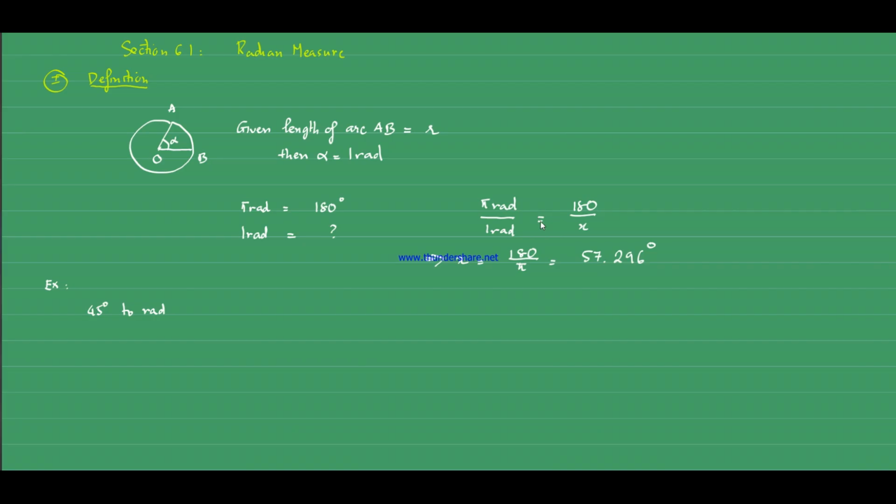If you set up the same proportion as I did over here, we have pi radian is 180 degrees, and 45 degrees will be how many radians. We're going to find x, so pi over x equals 180 over 45, and x will be pi times 45 divided by 180. Simplifying that, we get pi over 4 radian. So 45 degrees is pi over 4 radian.